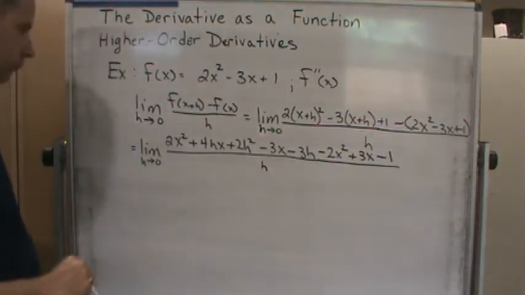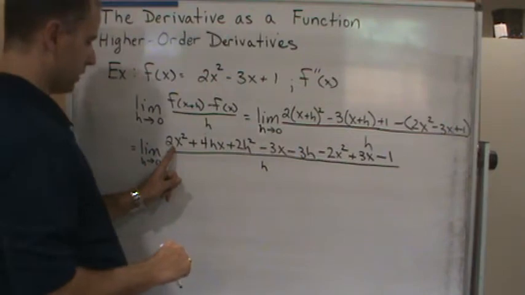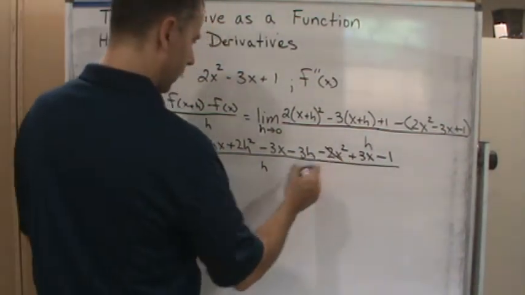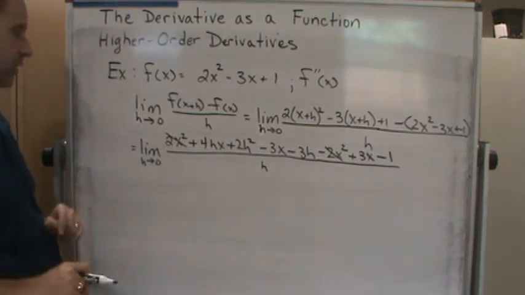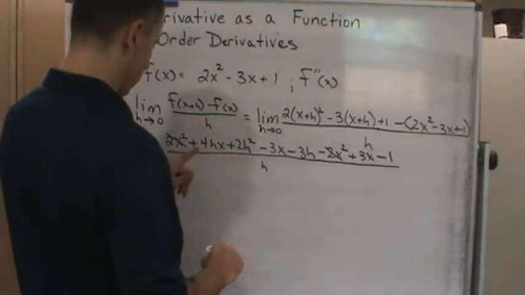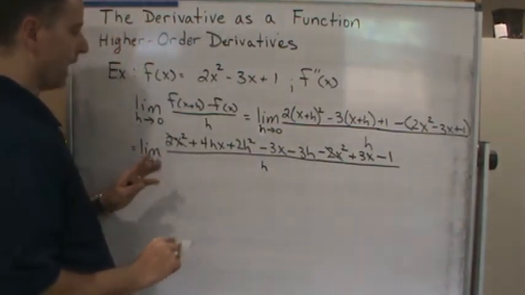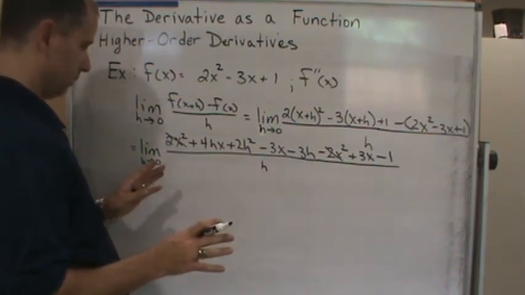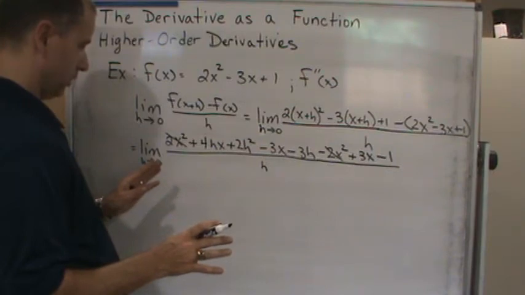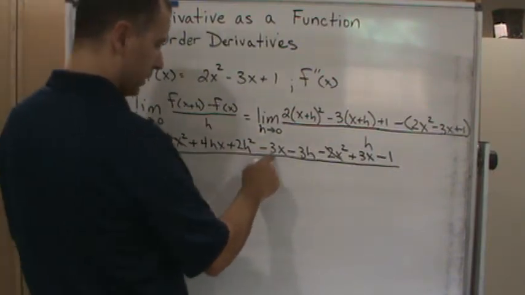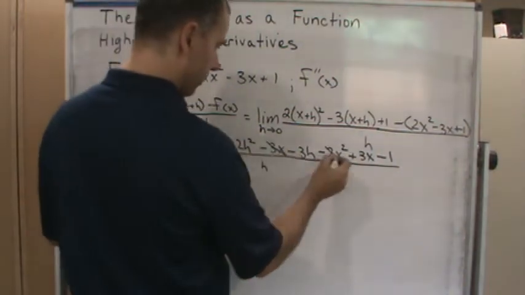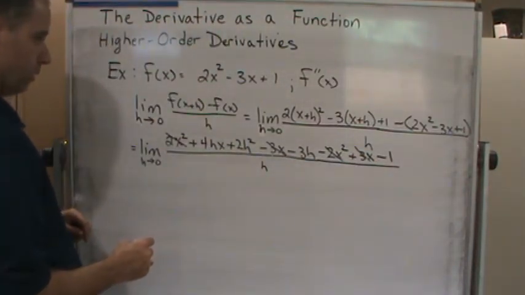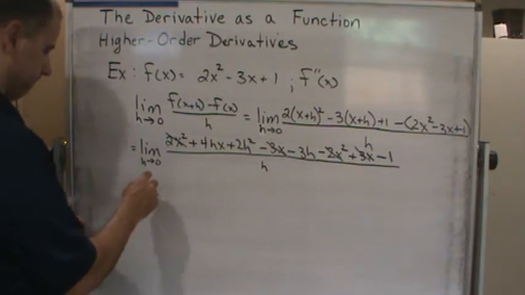Now, we have a 2x squared here minus a 2x squared here. Those are going to cancel. Anything with just an x should cancel. So we've got minus 3x here, plus 3x there. And now we simplify.